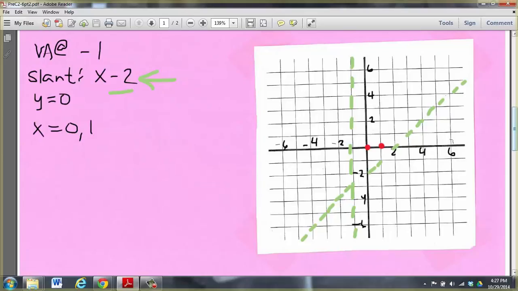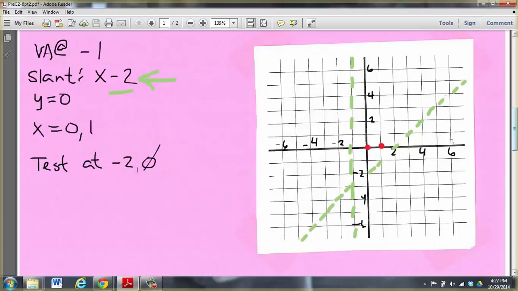So to be honest with you, we hardly even have to test any points, but we're going to do it just for the sake of practicing. We have test points at, since our vertical asymptote is at -1, we would test at -2 and 0. 0 we already know, it goes through right there.